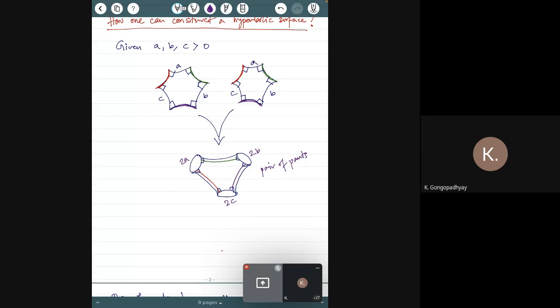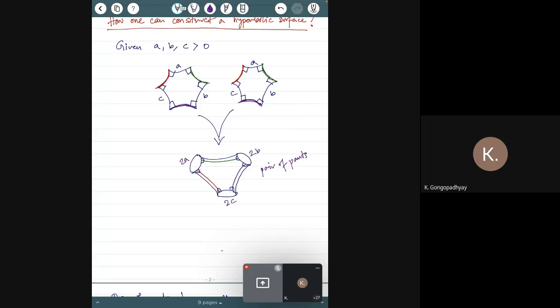So given a, b, c, there is a unique hexagon up to isometry, right? So you are getting a pair of pants just by gluing such hexagons. So that gives that as soon as you fix the boundary lengths, up to isometry, there is a unique pair of pants.